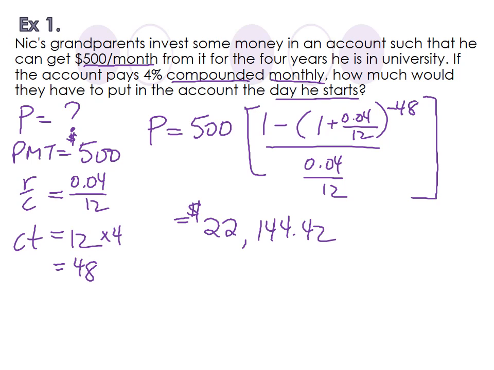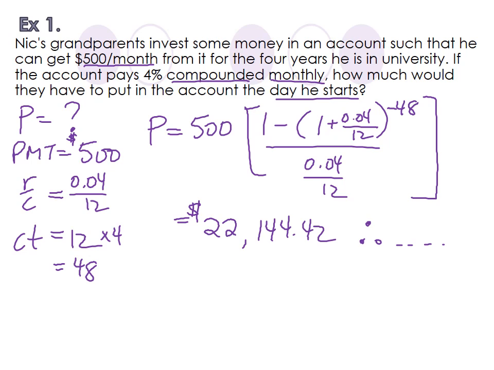Just like yesterday and all along, there are some ways that you can tell if that number seems legit or not. Figure out how much money Nick actually withdraws. So if he withdraws $500 a month times 48 withdrawals, 4 years, once per month, that works out to be $24,000.